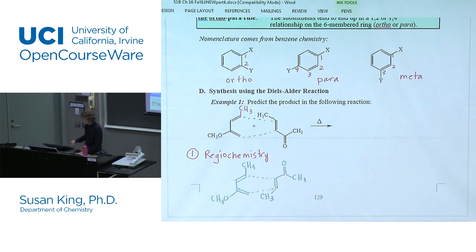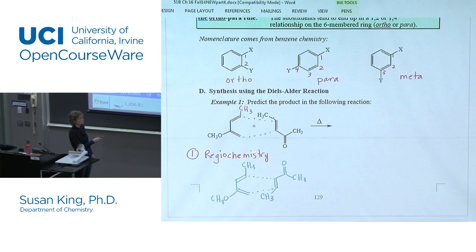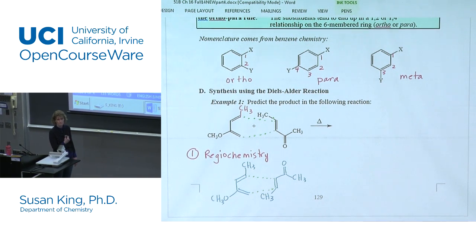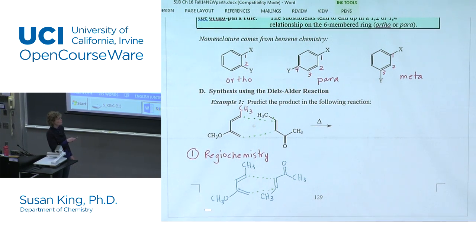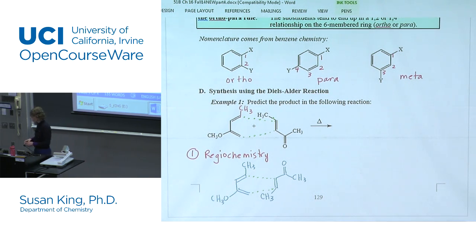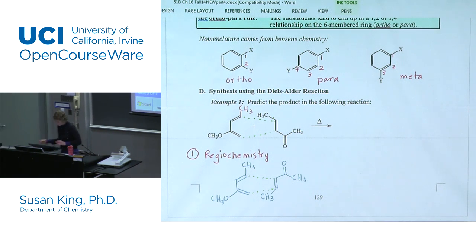And what I want to do is look at the electron donating group on the diene and the electron withdrawing group on the dienophile. The diene has two electron donating groups. Which one is stronger? This is stronger because it has lone pairs. So that's the one that's going to determine the outcome.